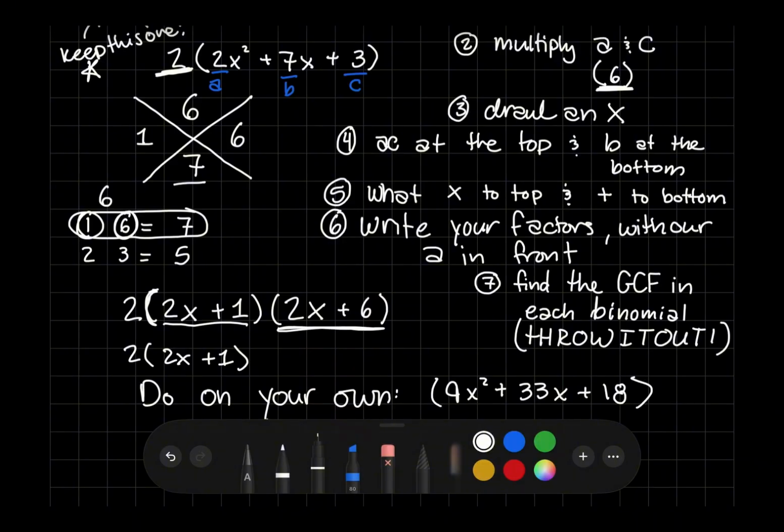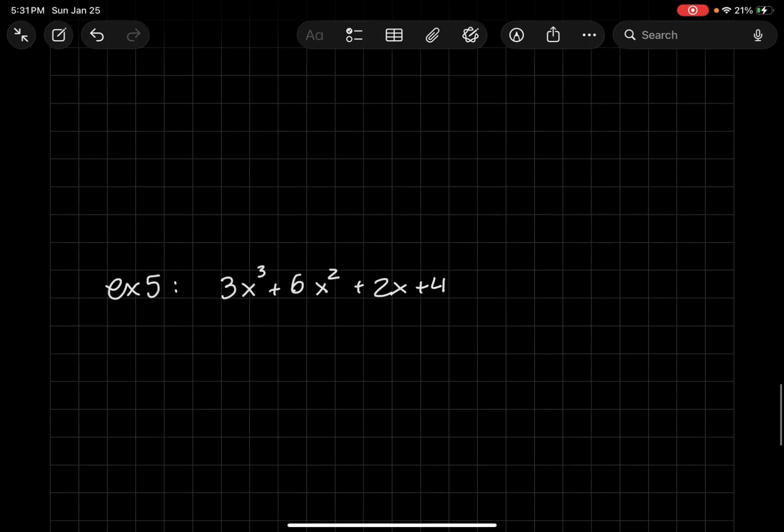Well, that would be 2, and we are going to throw it out. That being said, we still need to simplify this. So we're going to find what 2x is divided by 2. Okay, 2 divided by 2 is 1, so I'm working with 1x, and that's just going to be x. And then 6 divided by 2 is 3. And this is my simplified trinomial.